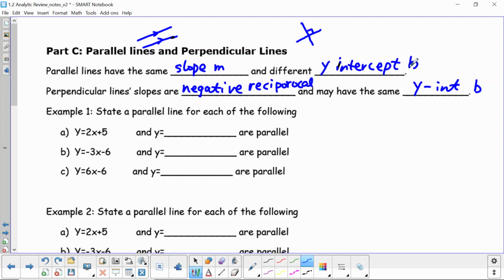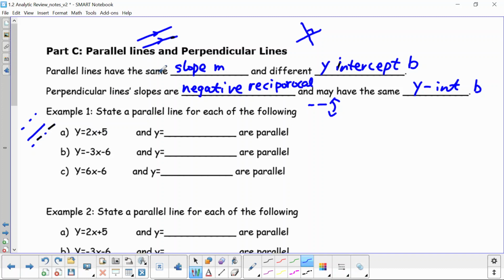B value may be same, maybe not. Negative reciprocal also you could think is negative then flip over. Okay, this is state a parallel line. So for one line, you could have infinite numbers of line parallel. So as long as you write one of the line, then it's okay.